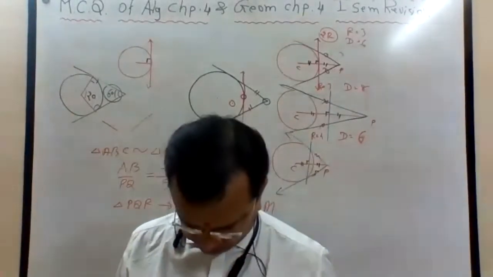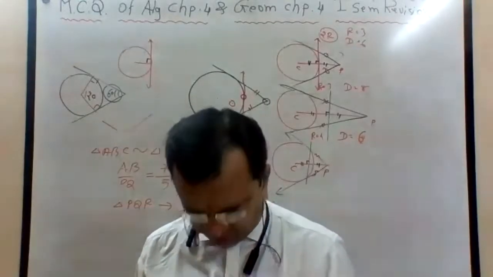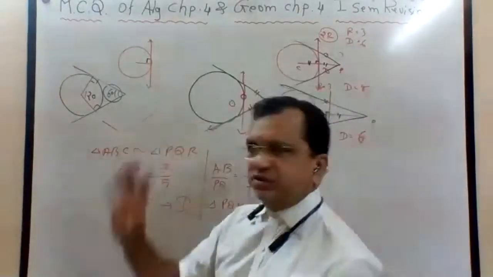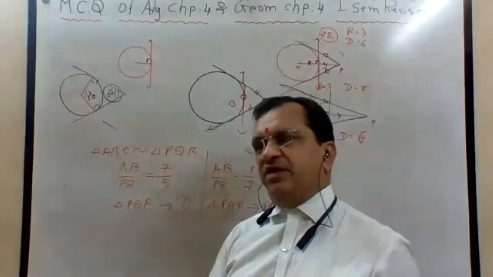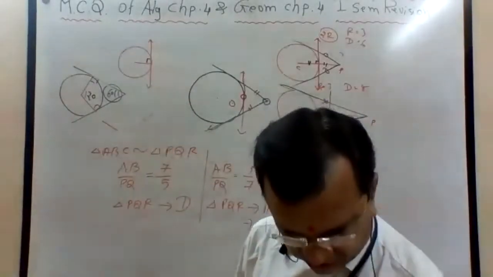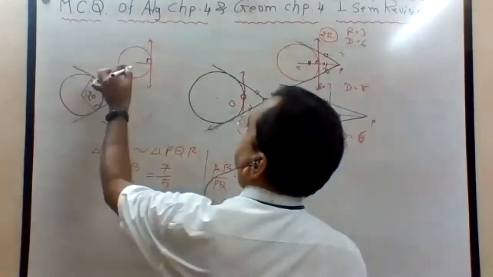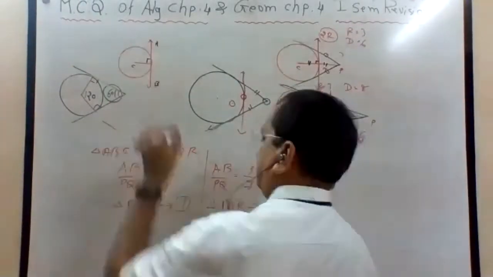Next question. Distance of a tangent from the radius. Same question. Circle given, one radius given. From the end point you have to draw the tangent. Now this point is C. The line is AB.